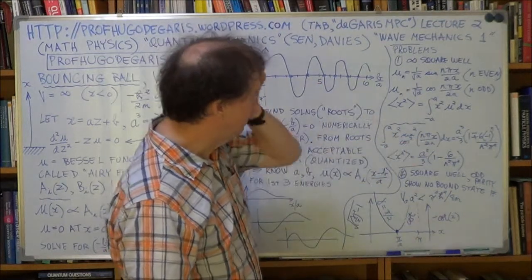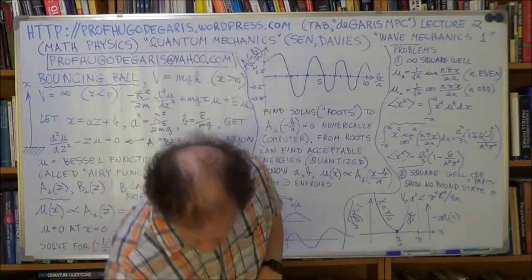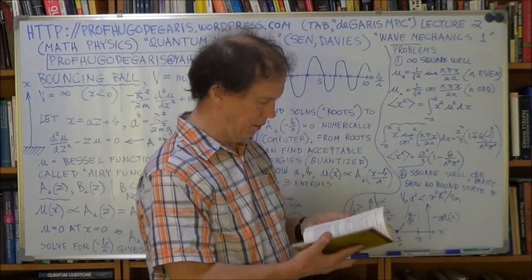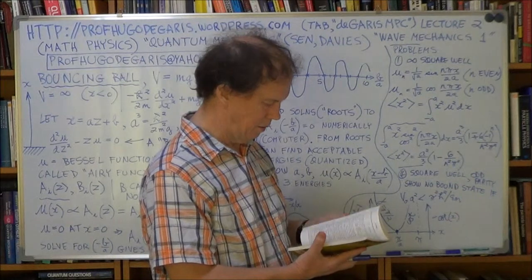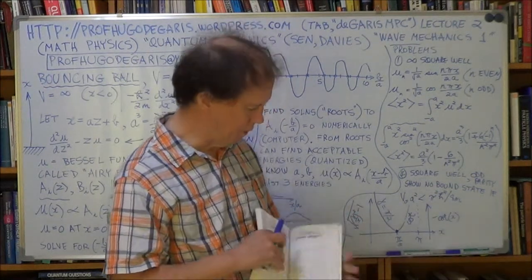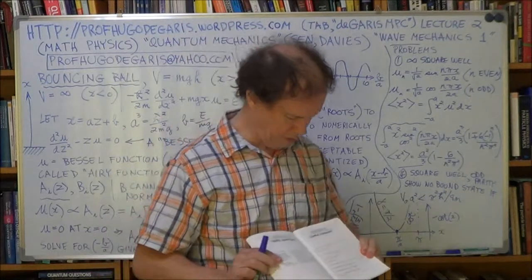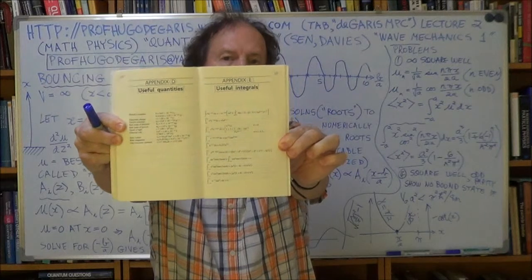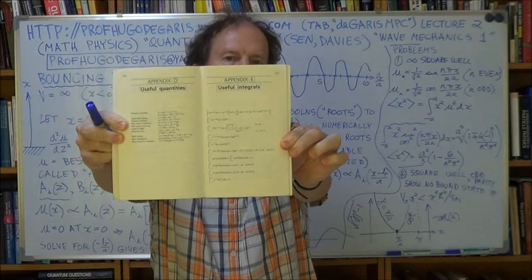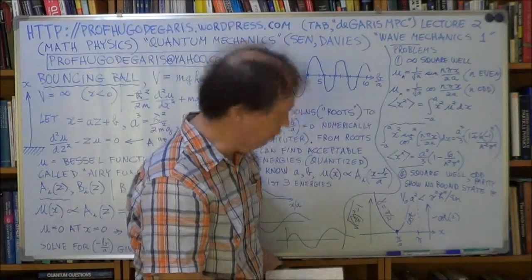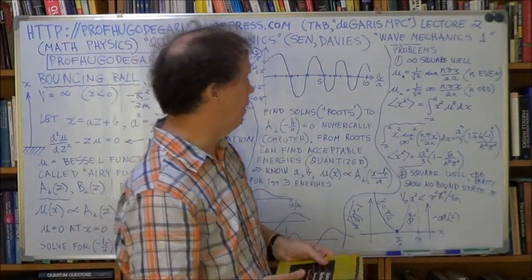Now, in the text, there's an appendix, I think appendix E. I'll show you. So appendix E, it's called useful integrals. Right? You're just given some useful integrals, and I've used one of them here.